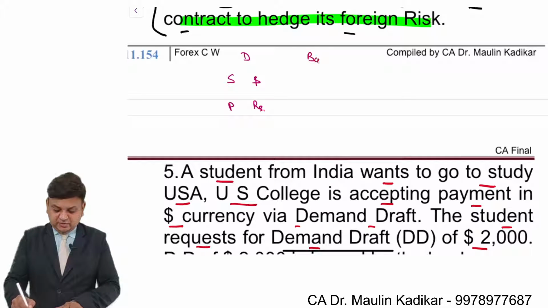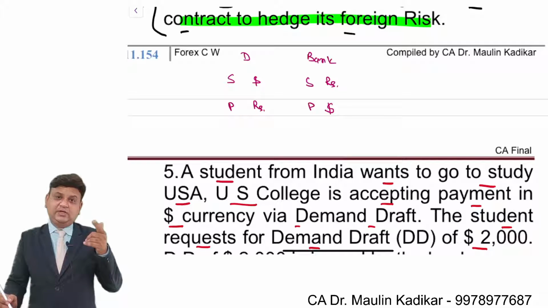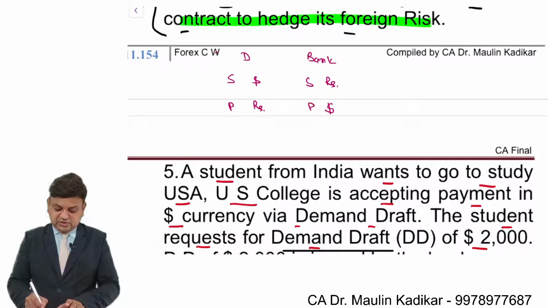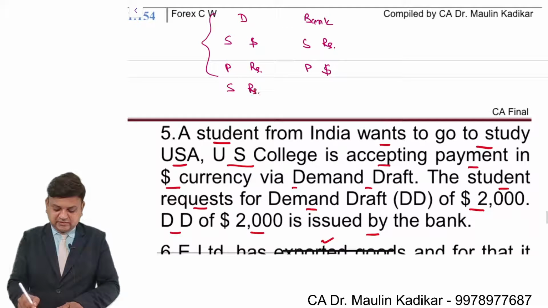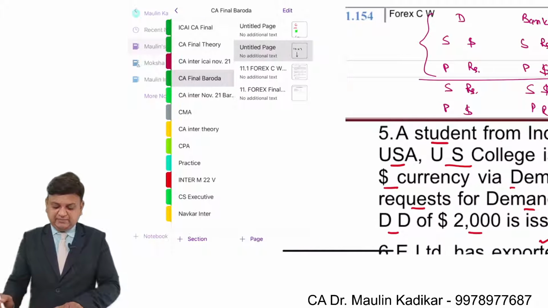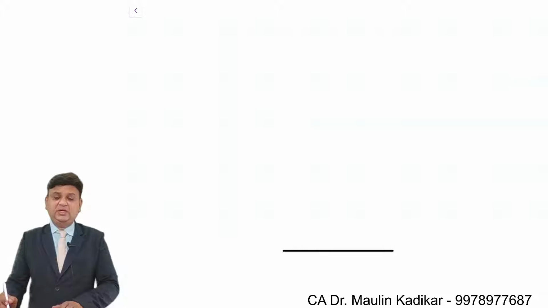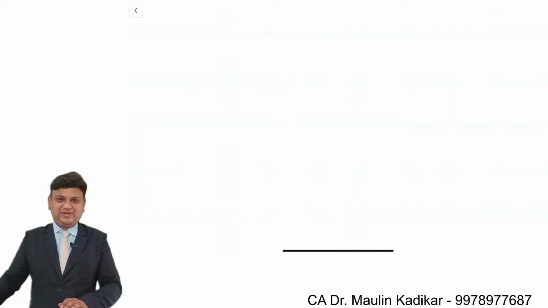From the bank's point of view, the transaction is sell of rupees and purchase of dollar. That was the initial forward contract which was entered. Now this contract is cancelled. So D Limited will enter into the transaction for sell of rupees and purchase of dollar, and the bank will enter into the reverse, that is sell of dollar and purchase of rupees. So again it will have the impact only in the exchange position, because it was not having any impact in the Nostro account so far.